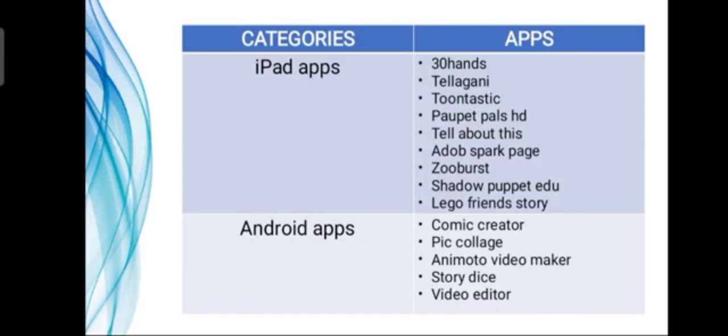First, we have 30 Hands, Telegami, Toontastic, Puppet Pals HD, Tell About This, Adobe Spark Page, Zooburst, Shadow Puppet Edu, and Lego Friends Story. In the Android apps, Comic Creator, Pic Collage, Animoto Video Maker, Story Dice, and Video Editor are some of the examples of Android apps.